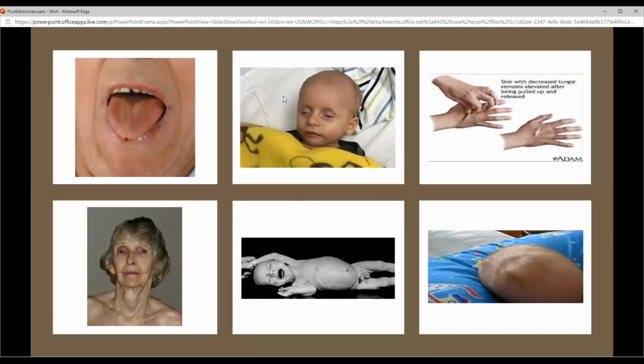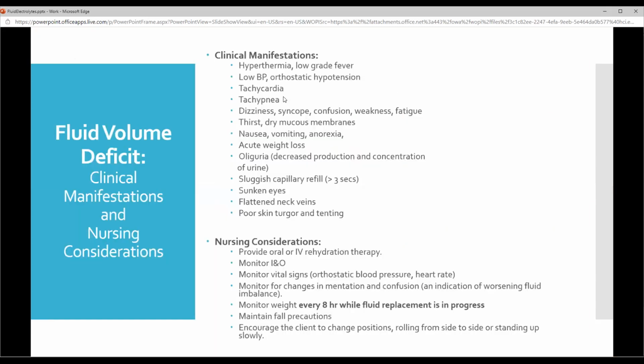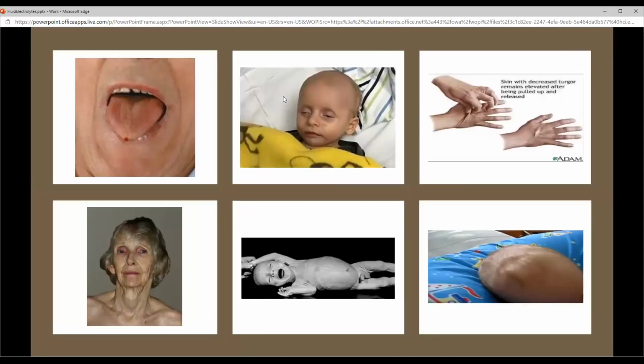You know what it is. Obviously, you're going to just be focused on rehydrating them and monitoring them for worsening condition, monitoring respiratory, neurological status, yada, yada.